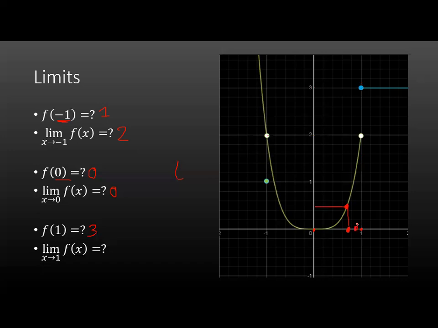Now, if we have values here, we have a y value greater than 1. Now, if we get closer to 1, it gets closer to the y value of 2. So that means as our x values approach 1 from the left side, it approaches 2. Now, how about from the right side?